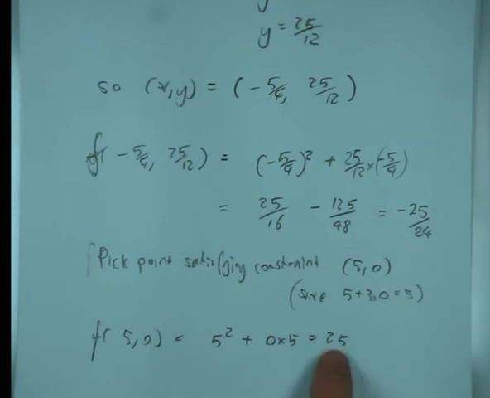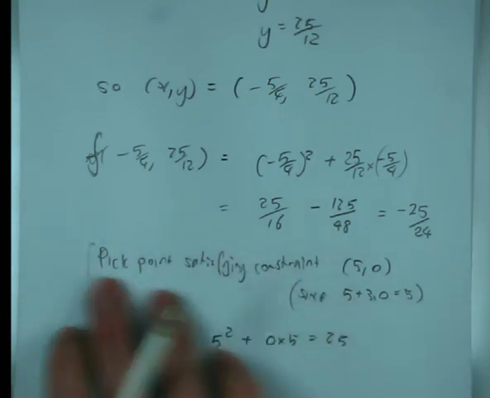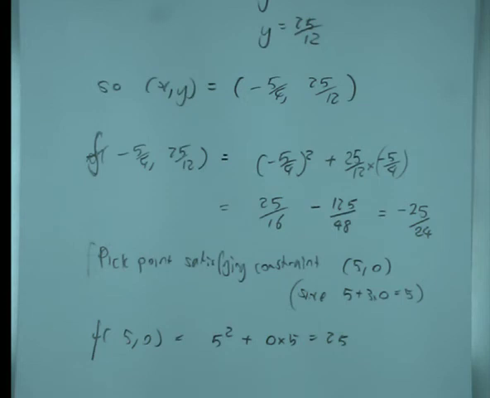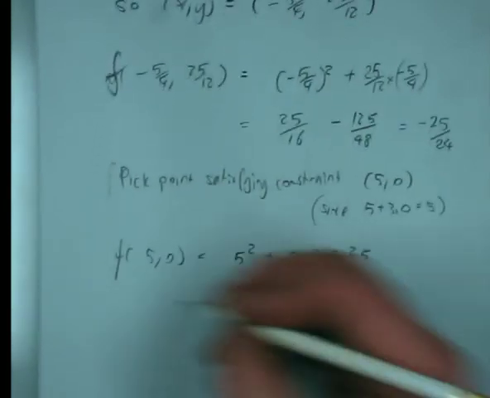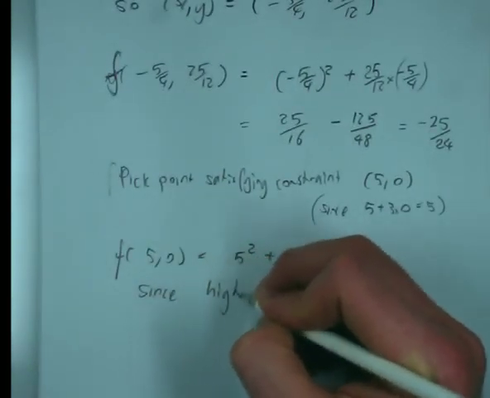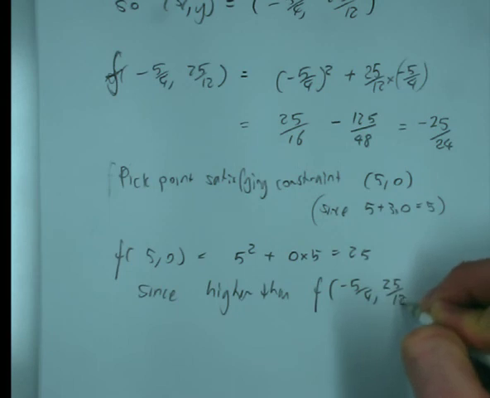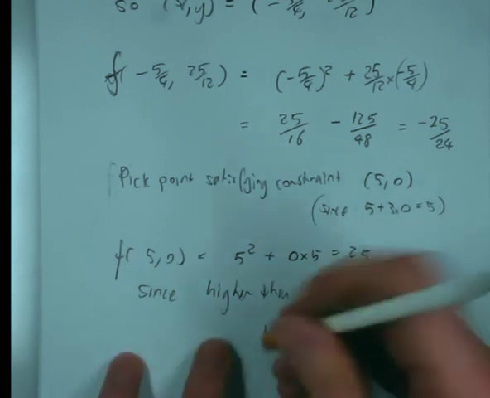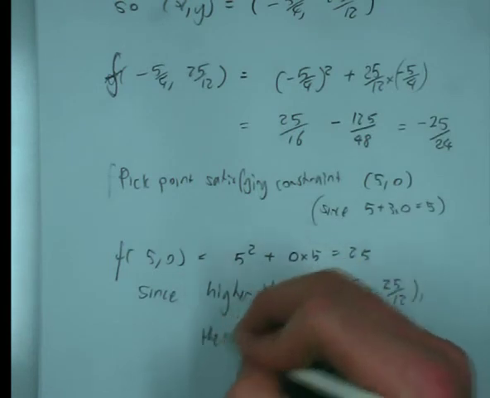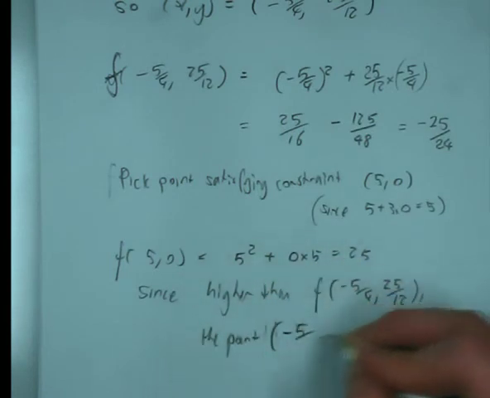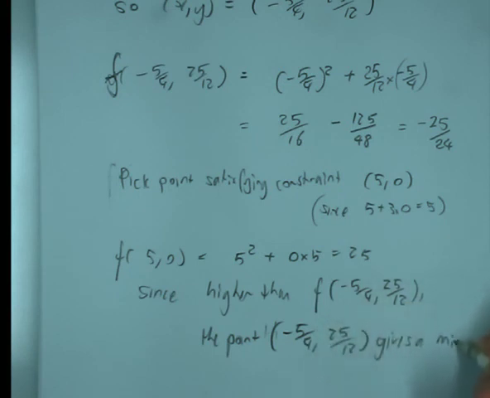Cool. And so this is bigger than that, and so that must be a minimum. Because if I pick some other point that satisfies the constraint, its value is higher, and therefore this must be a minimum because it's lower. So this gives a minimum, and there in fact must be no maximum therefore.